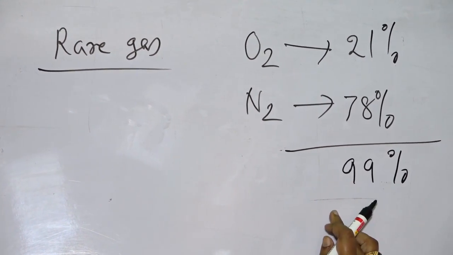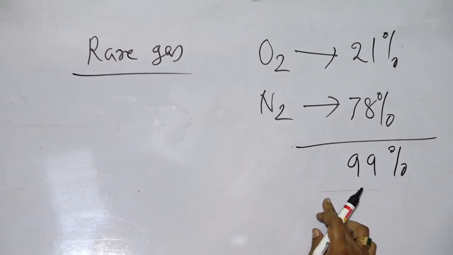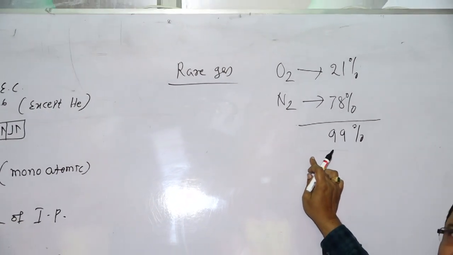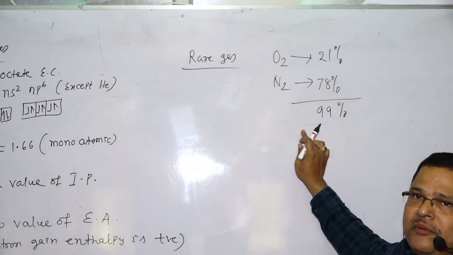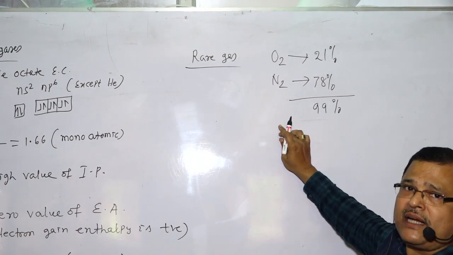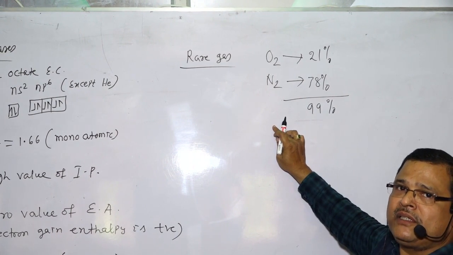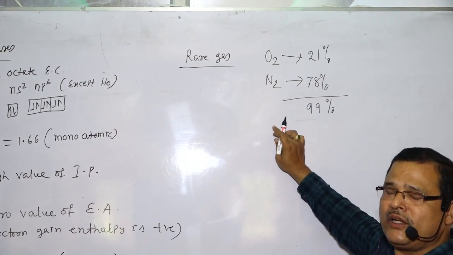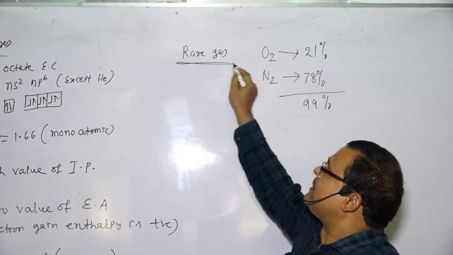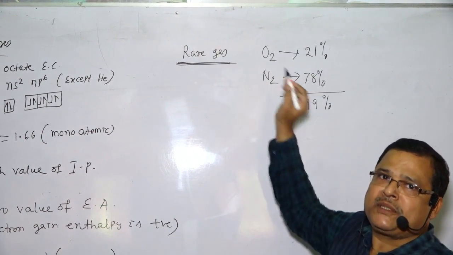The remaining 1% is helium, neon, argon, krypton, xenon. Radon is not found in the atmosphere. So only 1% or less is present, that is the inert gases, and therefore they are treated as rare gas, being very little in the atmosphere.